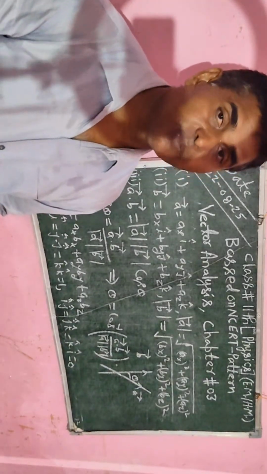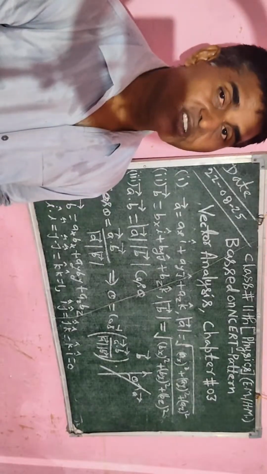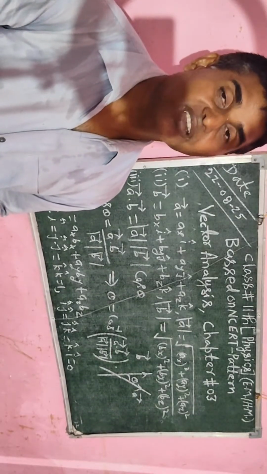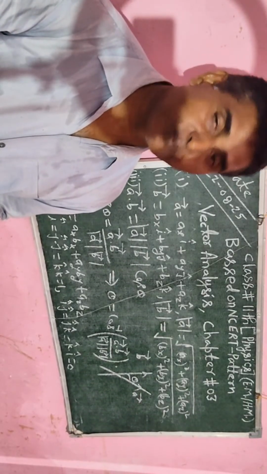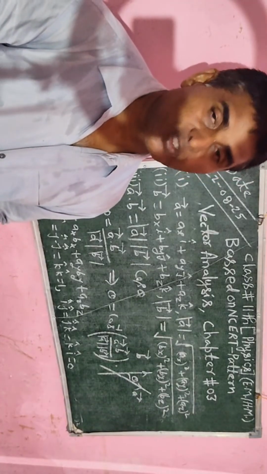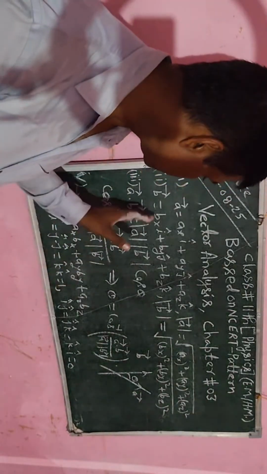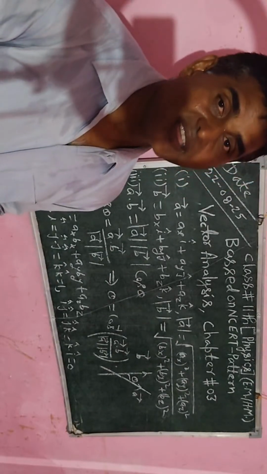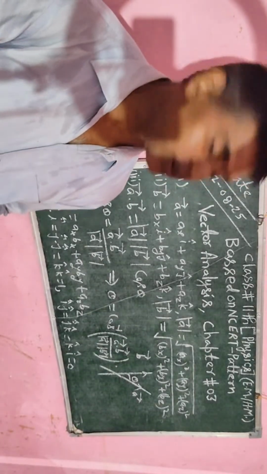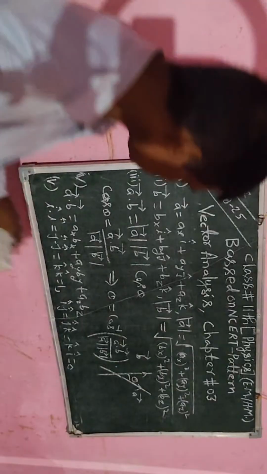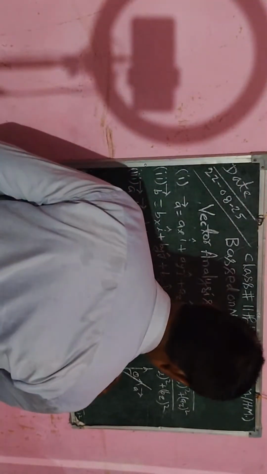for finding the angle between given two vectors. One vector will be A, the other vector will be B, or one vector will be P and the other vector will be Q. With the help of these two vectors we have to take the angle between them properly. Now here I have to write the intersection point.